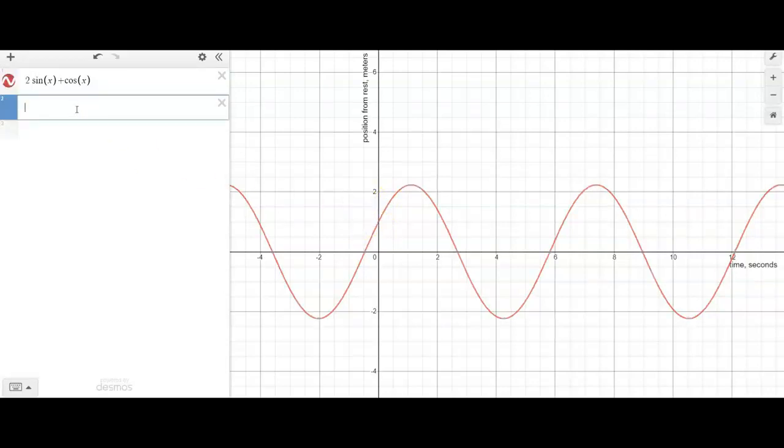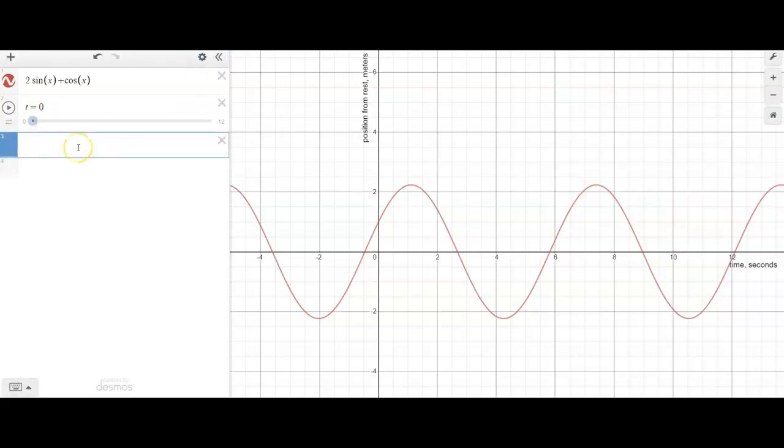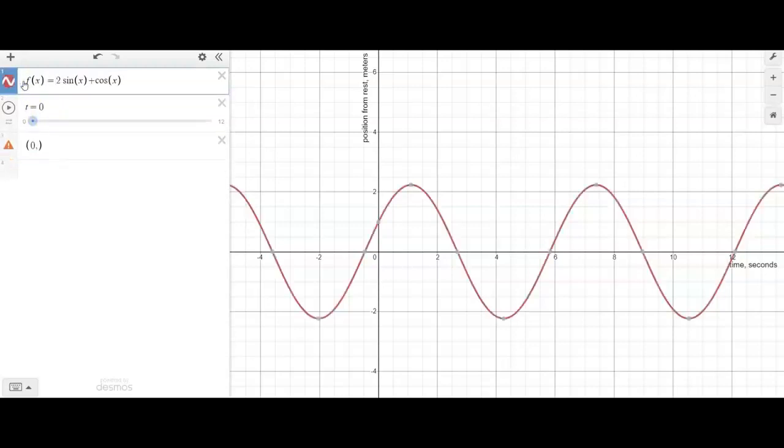Now I'm going to do something cool here. I'm going to insert a slider for time, and I'm going to set time to go from 0 to 12 seconds. So what I'm going to do here is plot a point, and let me call this function f of x equals.